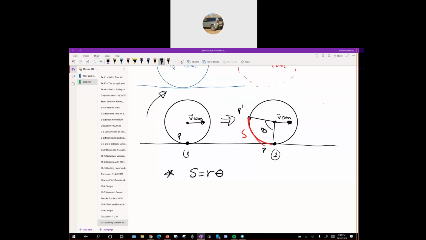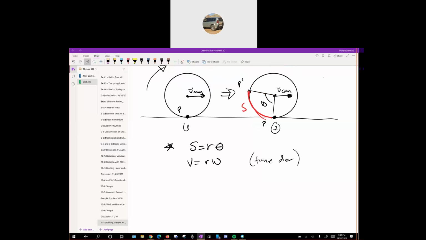And then we can also take a time derivative. Bet you didn't expect that. Just kidding. To get that the velocity is equal to r omega. Okay, so both of these are good equations we're going to have to use. This describes a point on the edge when we have a rotation, but when we have something rolling, we can look at it like this.